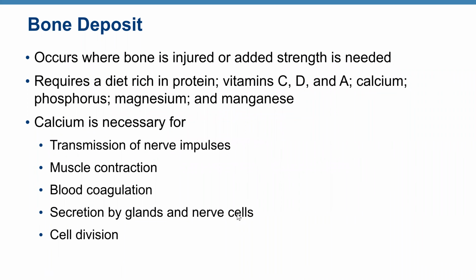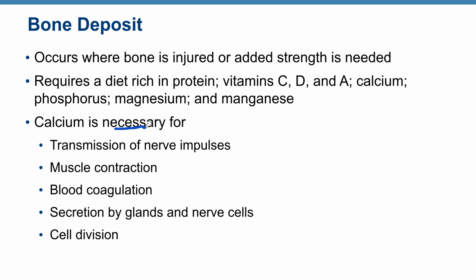We also have bone deposition that occurs where bone is injured or added strength is needed. Bone deposition requires a diet rich in protein, vitamins C, D, and A, calcium, phosphorus, magnesium, manganese. Calcium is necessary for formation of your bones, but calcium plays a really critical role in our functioning and keeping our homeostasis.